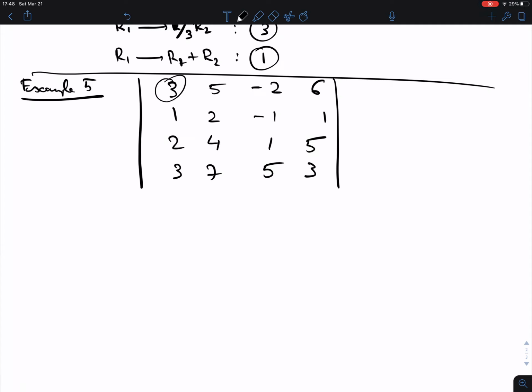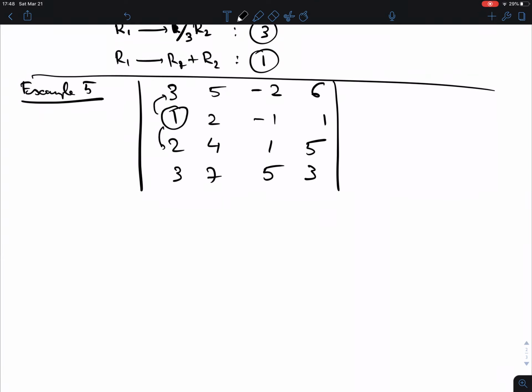Okay, so I'm going to use this guy to make zeros everywhere else in that column. All of these I want to make zeros using this one, as if it was on top, but that's the one step I skip, because switching brings in negative signs, and I want to avoid that, although you'll see the negative signs will come.